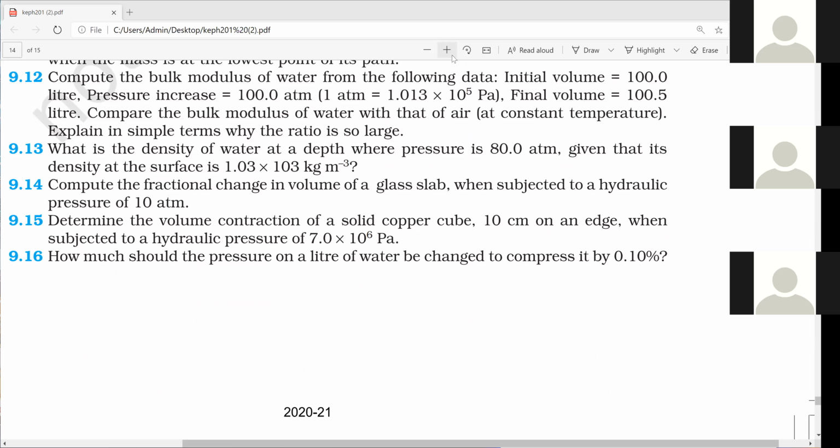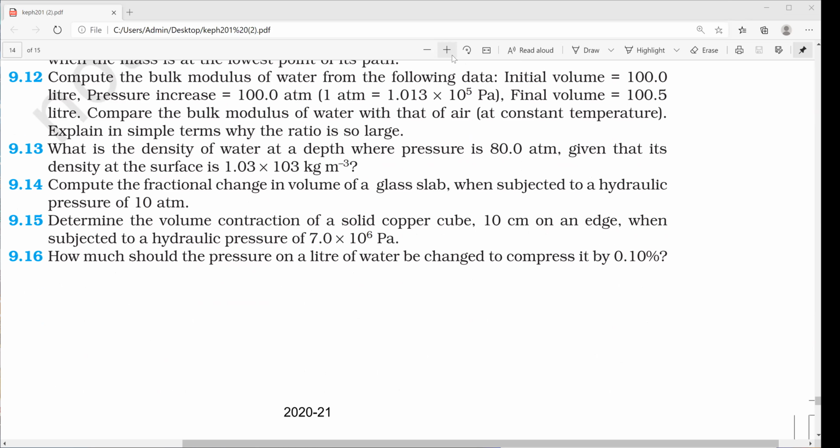So what is the question? Let us say 9.13.